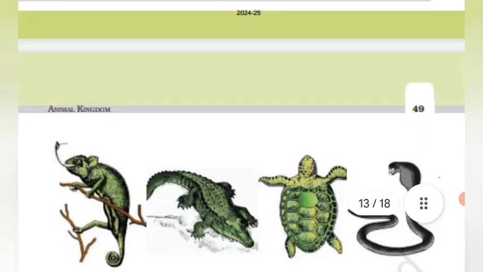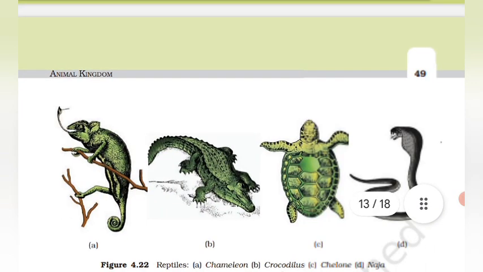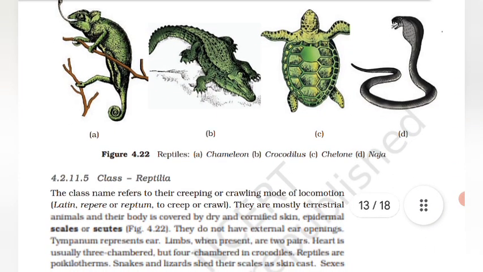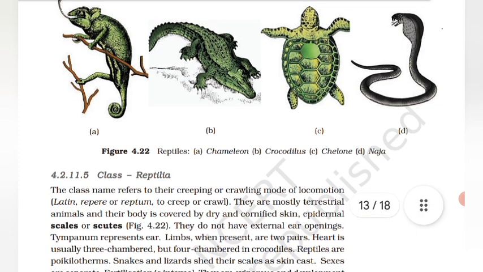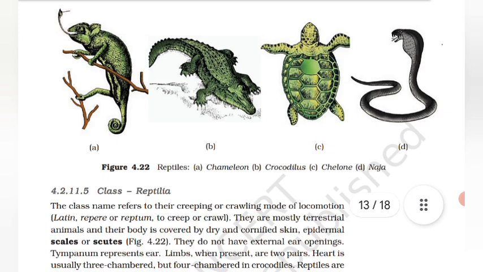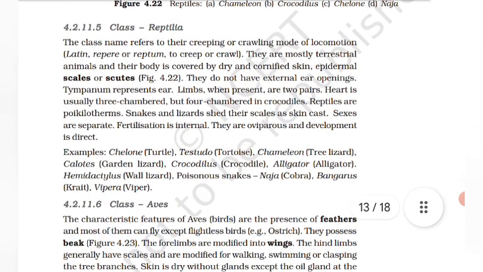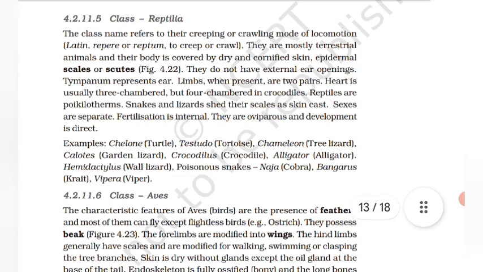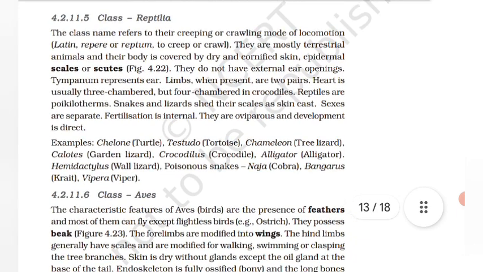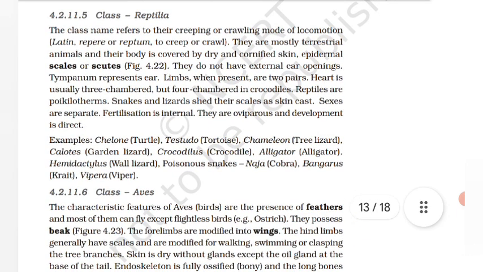They have two pairs of limbs, adapted for walking, running, climbing, burrowing, swimming, or flying. The skin of mammals is unique in possessing hair. External ear or pinna is present. Different types of teeth are present in the jaw.